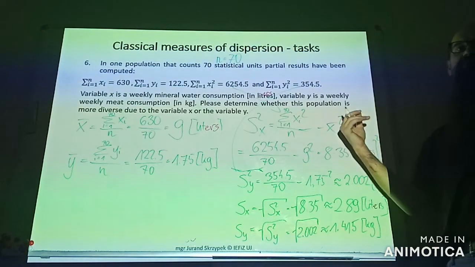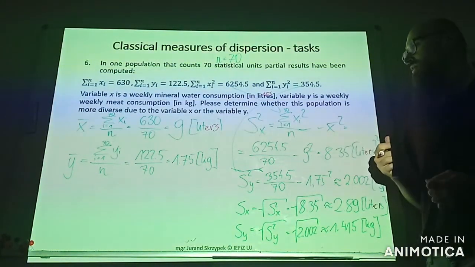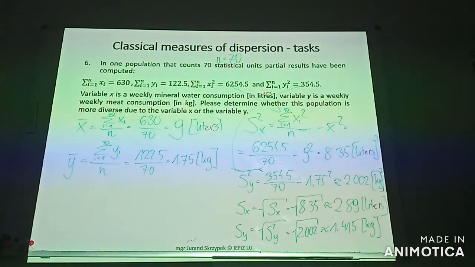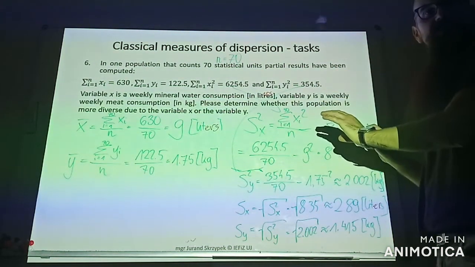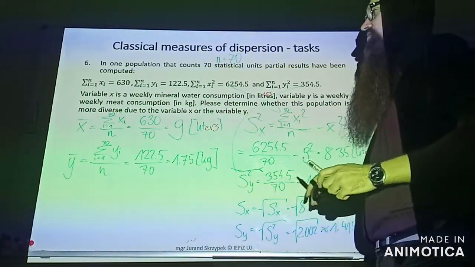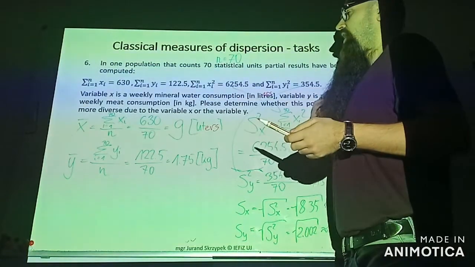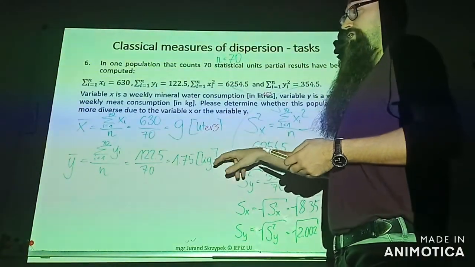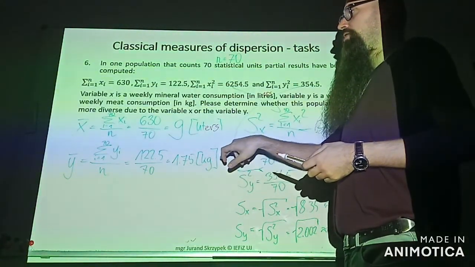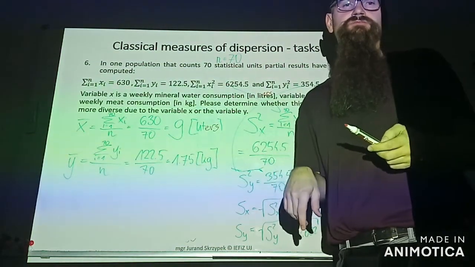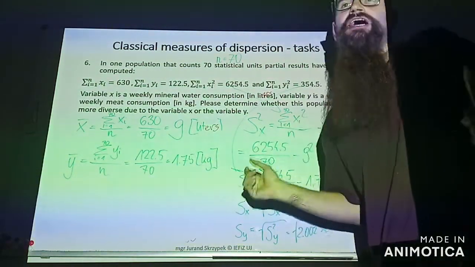For example, they love burgers, beef burgers, McDonald's, KFC, and things like that. So we expect, in statistical terms, that this population and we actually are more differentiated in respect of weekly meat consumption. Let's check it out.